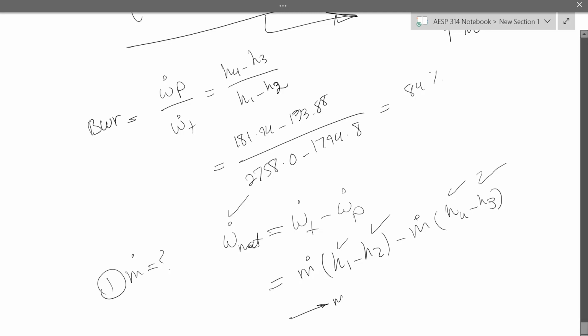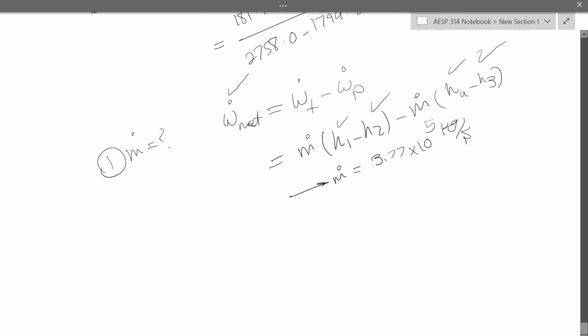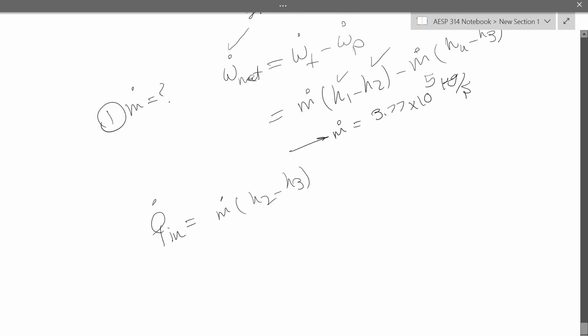You should be able to find the value for m dot, which based on my notes is 300.77 multiplied by 10 to the power 5 kilograms per second. The next thing we are asked to find is Q dot in, which is the Q dot at the boiler, m dot times h2 minus h3.